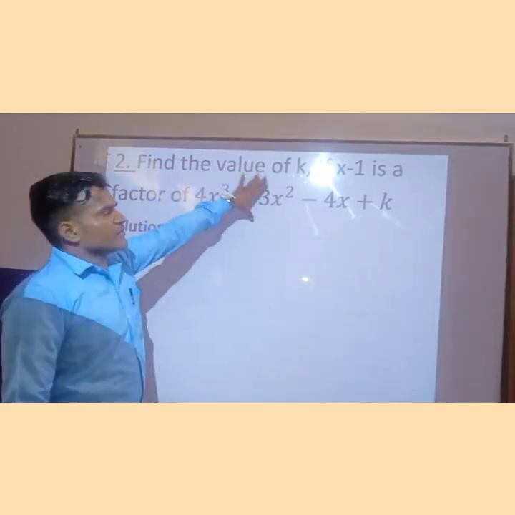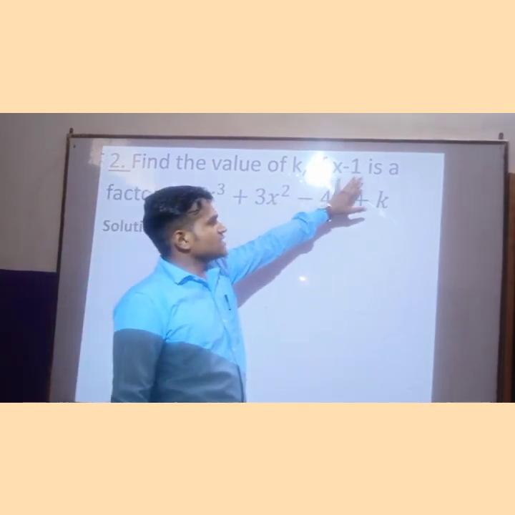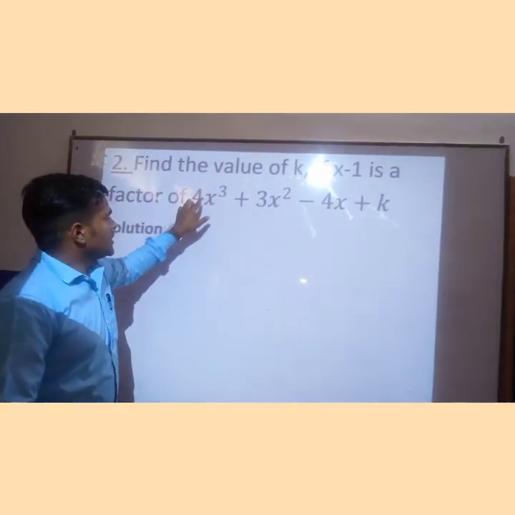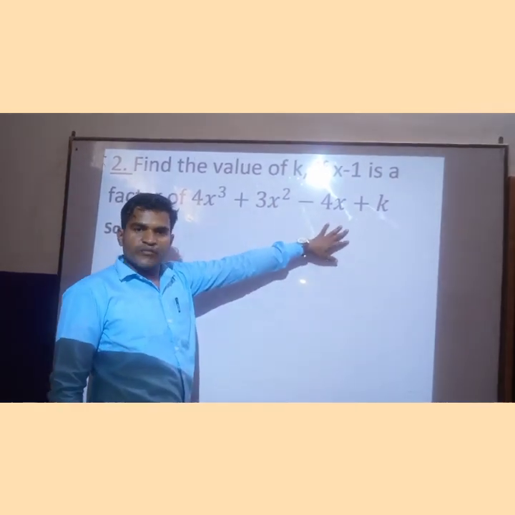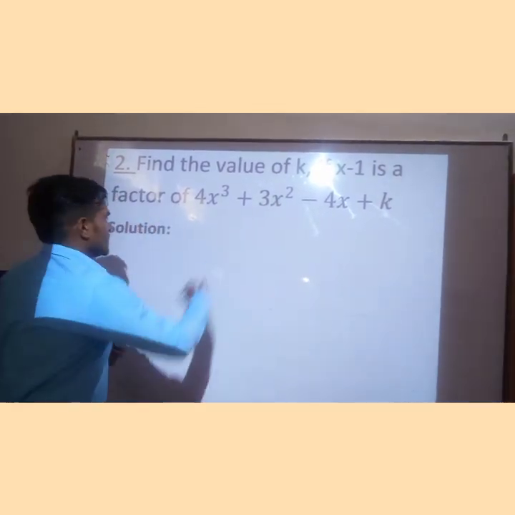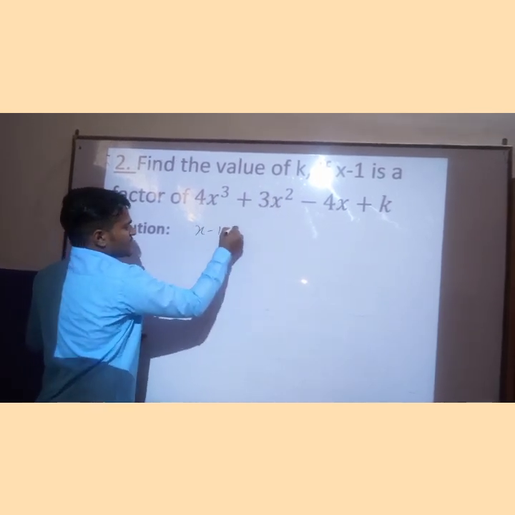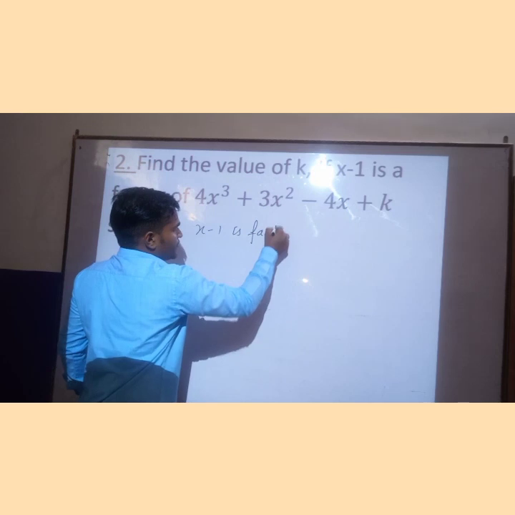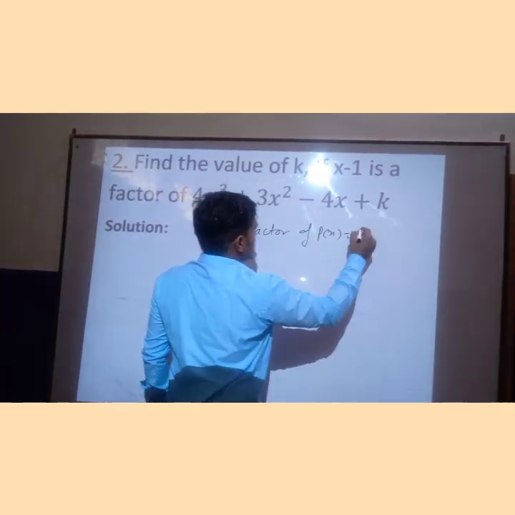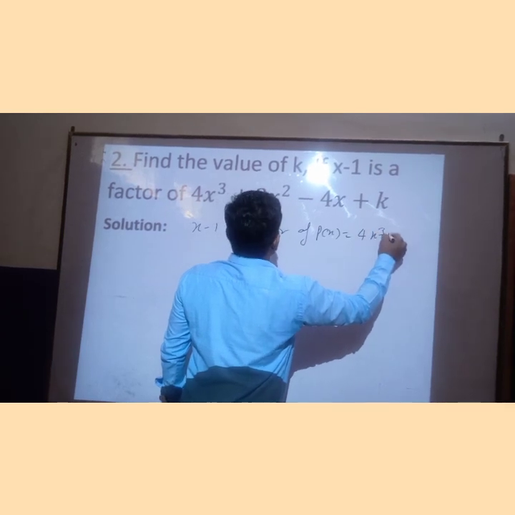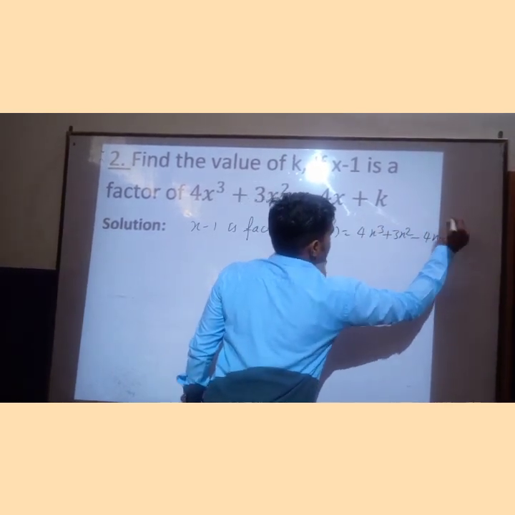Question: find the value of k if x minus 1 is a factor of 4x cube plus 3x square minus 4x plus k. We have to find the value of k. So x minus 1 is a factor of p(x) equal to 4x cube plus 3x square minus 4x plus k.